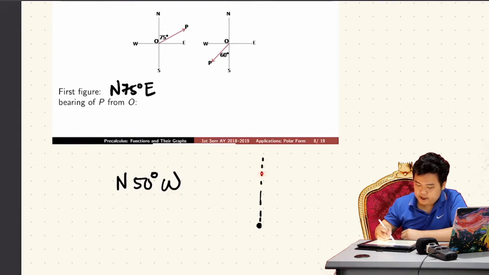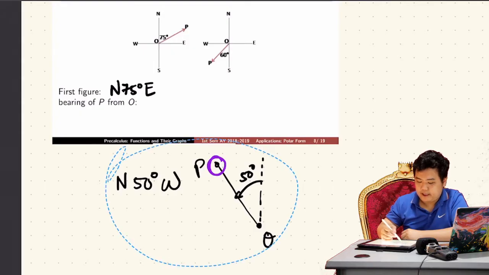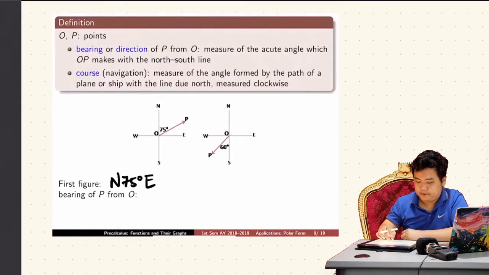So this is 50 degrees. This is O, this is P. So nasan ka? Andito ka. Okay, clear ba 'yon? So, yun yung tinatawag natin na bearing.